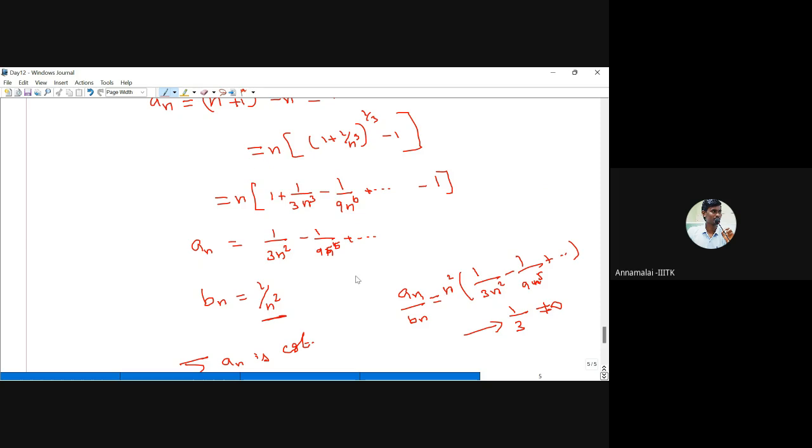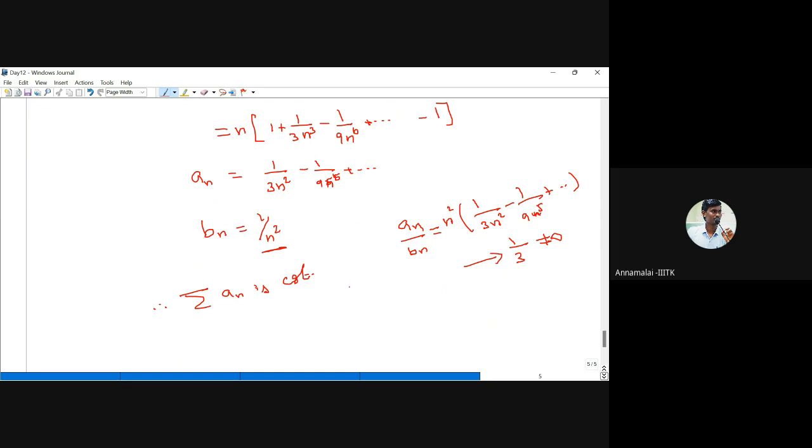The series may or may not converge. But we have a theorem that if the ratio an by bn converges to some non-zero number, then both an and bn have the same behavior. Since summation bn converges, therefore summation an is convergent.